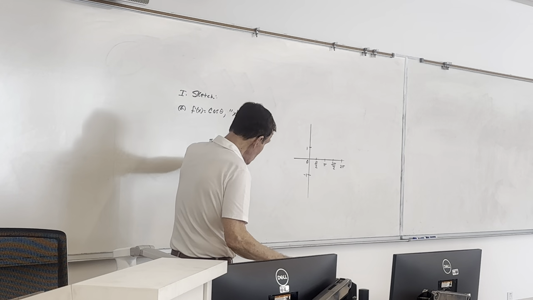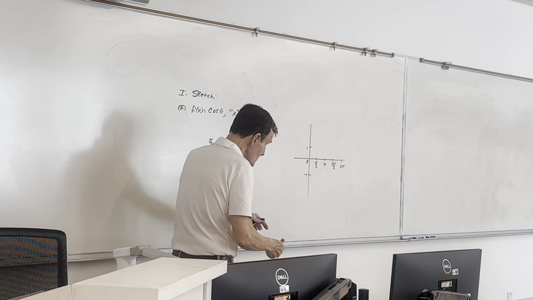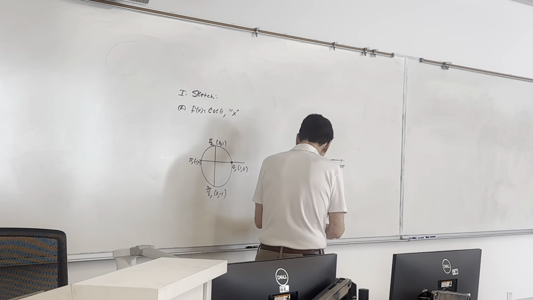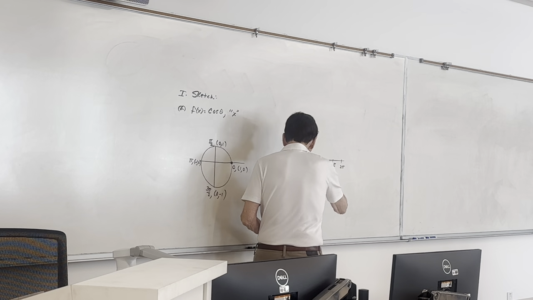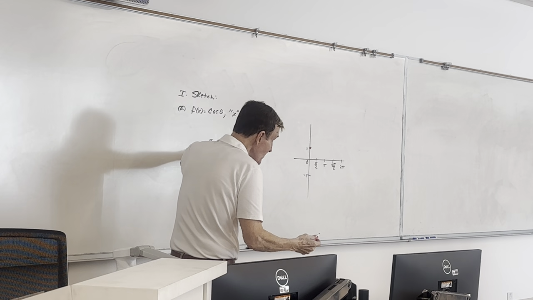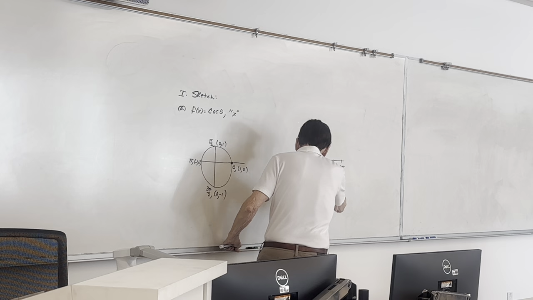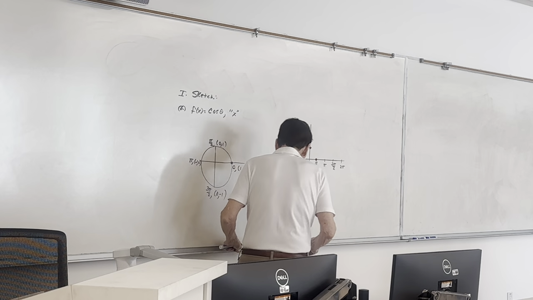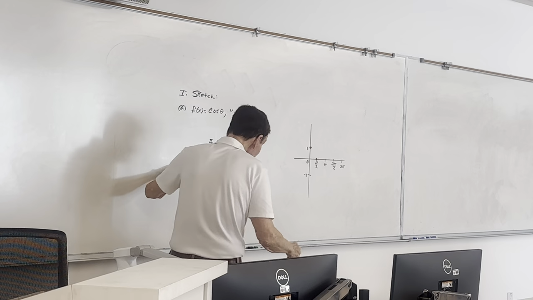I'm doing cosine. Well, notice at 0, my x coordinate is 1. That says you're going to start the graph then for cosine at 1. At pi over 2, up here, my x coordinate cosine is 0, down here on the axis. At pi, which is here, my x coordinate is, of all things, -1.